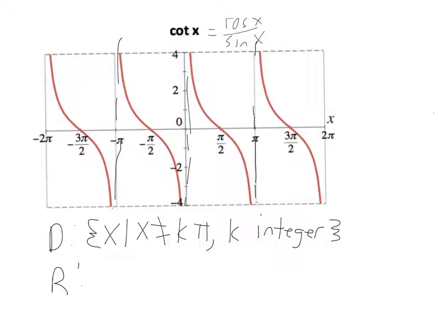And the range, you notice it keeps going on and on forever in both the positive and negative y direction, so the range would be from negative infinity to positive infinity.